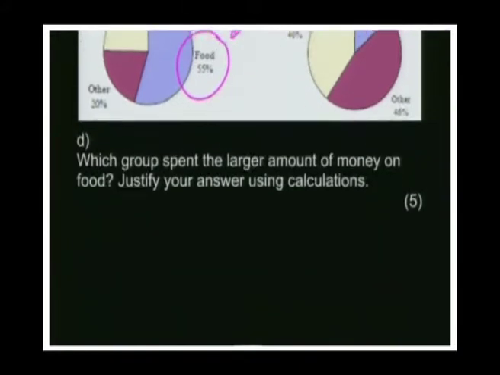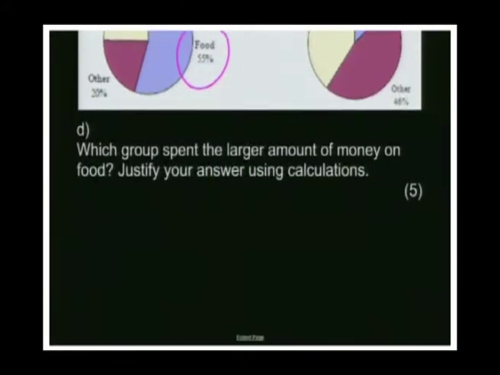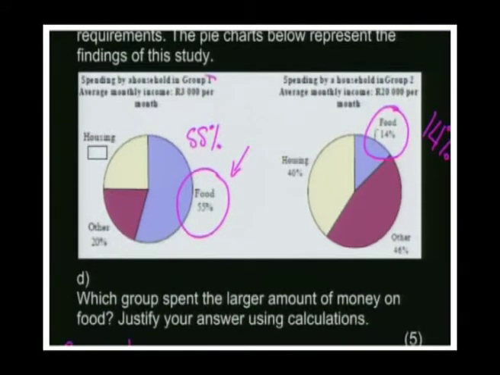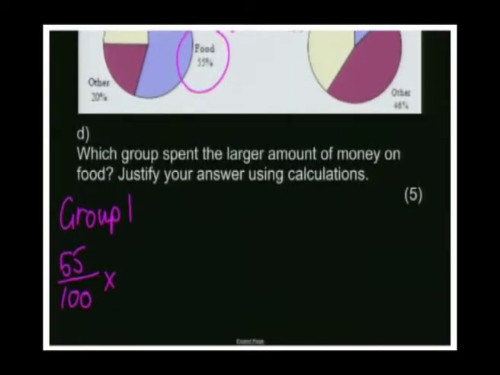Let's make sure. Well, for Group 1, we spend 55% of a total amount of 3,000 Rand in monthly income.